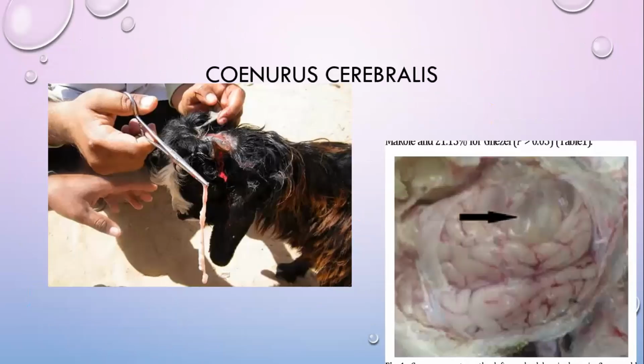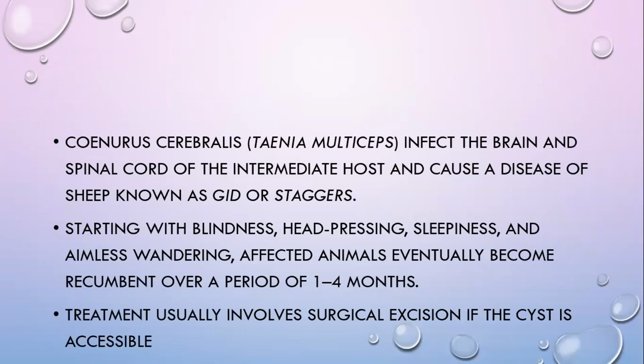Another important one is Coenurus cerebralis, and the primary tapeworm is Taenia multiceps. It infects the brain and the spinal cord of the intermediate host, while in the primary host it may not cause any damage.